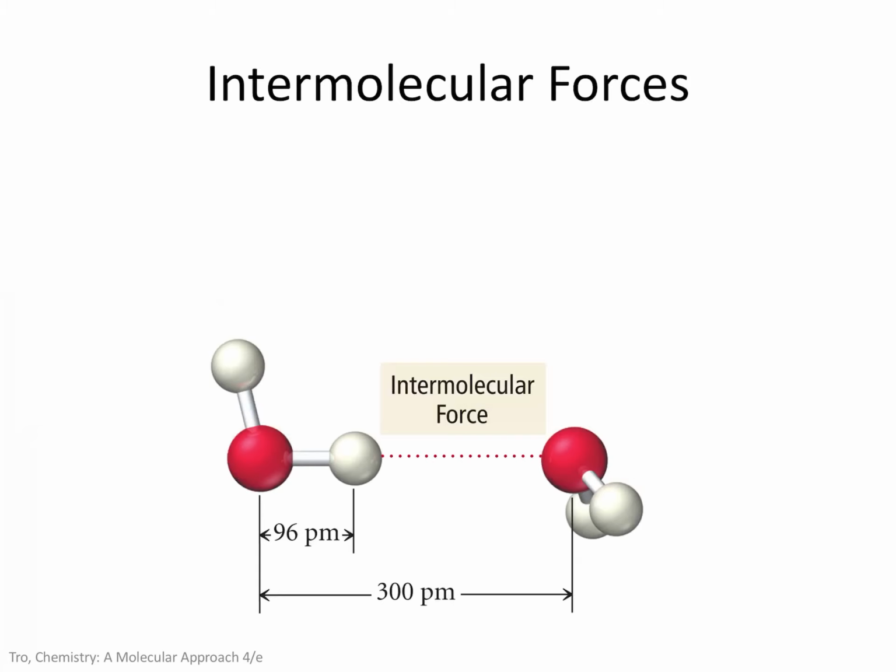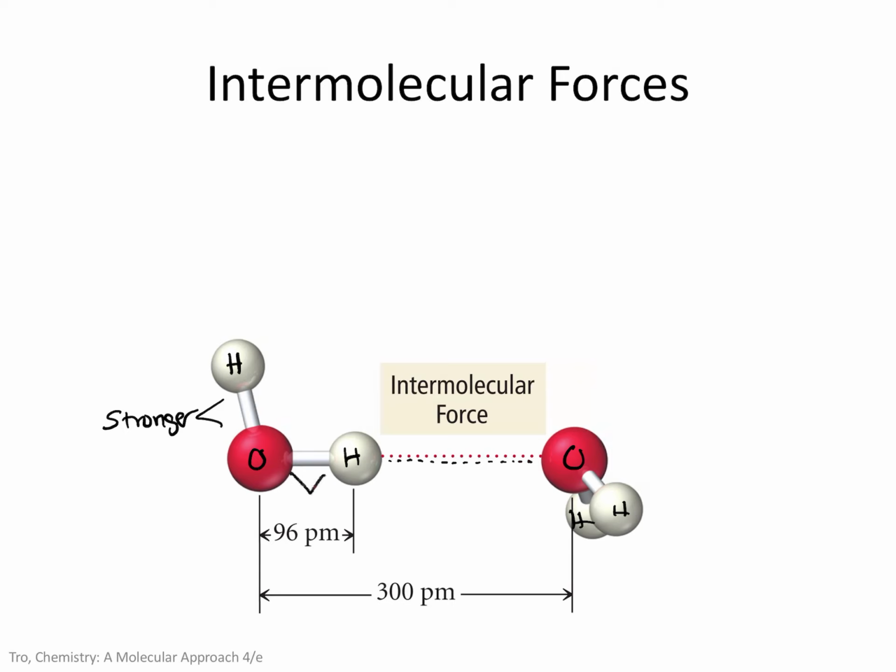So here we have our two water molecules. Now this is oxygen, and these two are hydrogens. Notice that this covalent bond is way stronger than the intermolecular force between the hydrogen of one molecule and the oxygen of another. Much greater distance: the bond is 96 picometers and the intermolecular force is 300 picometers.